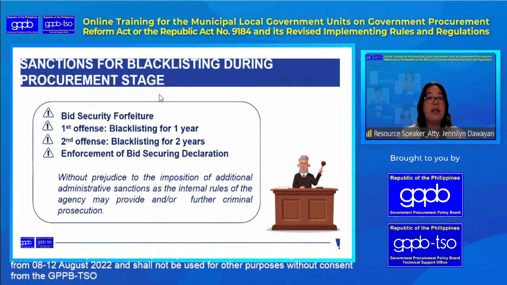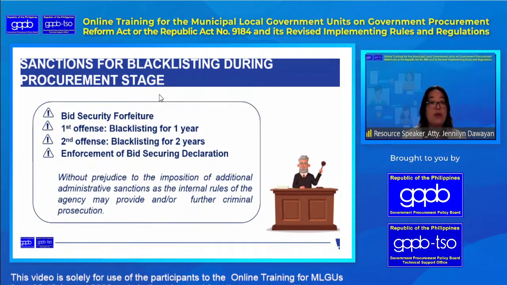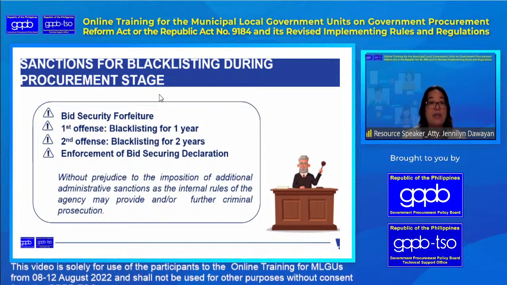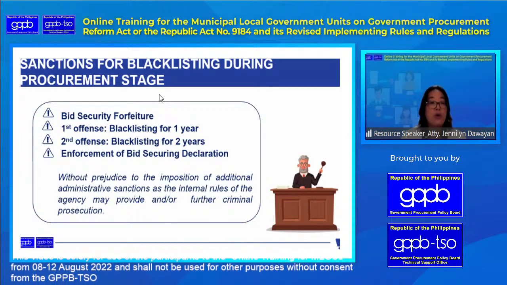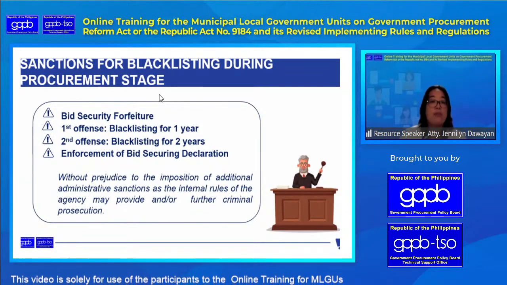But then if it's a bid securing declaration, there's also an indication there, a statement in the bid securing declaration that they will be subjected to blacklisting, kung sakaling may hindi sila na follow. And if so, then on the first offense there's a blacklisting for 1 year, blacklisting for 2 years kapag sa second offense. And of course, the fourth one is the enforcement of the bid securing declaration.